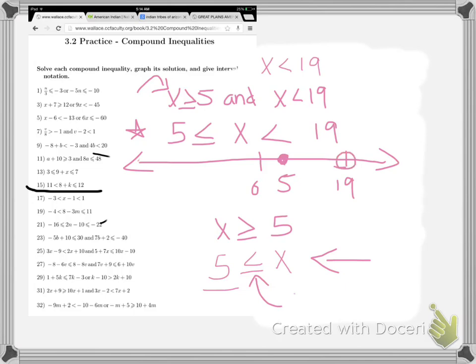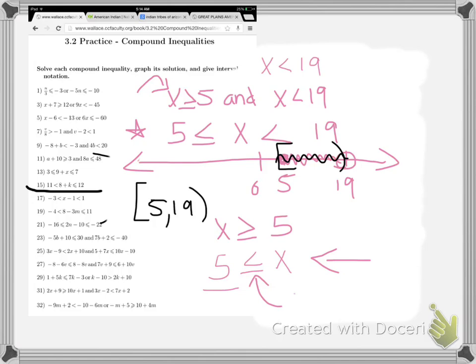So it's an open circle, and you're shading between those. Now I'm going to make a little correction because I told you I don't want you using those. I want you using bracket parenthesis. So that's a pretty simple fix, right? The last thing to do is to write it in interval notation, which is easy from this graph. We would just write bracket 5, 19, parenthesis.